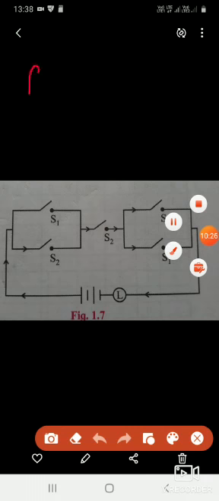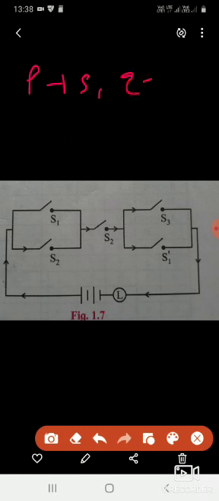Here listen, in this one there are three switches. First we will take P is S1 and Q is S2, R is S3, and negation of P is S1 dash. Now listen, S1 or S2, this is parallel.